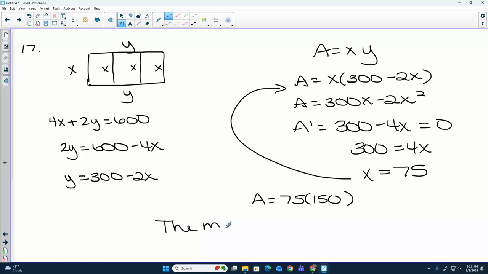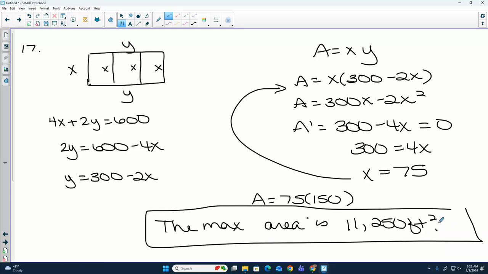So the maximum area is 11,250 square feet. Is that one okay?